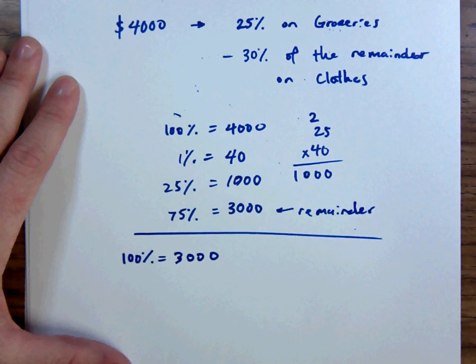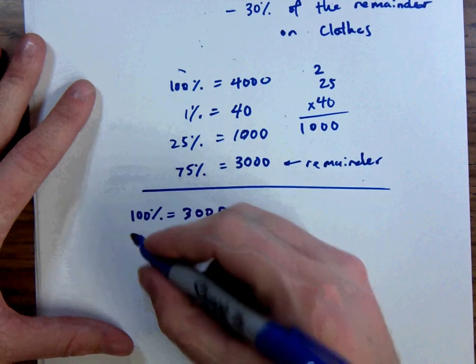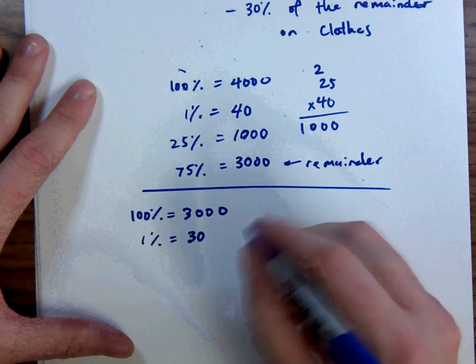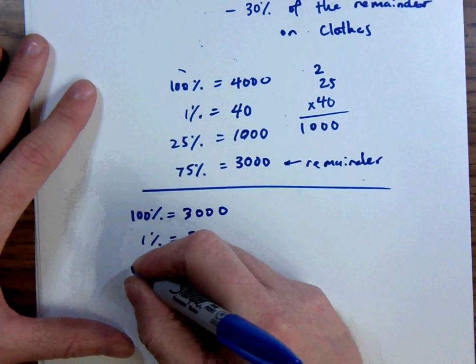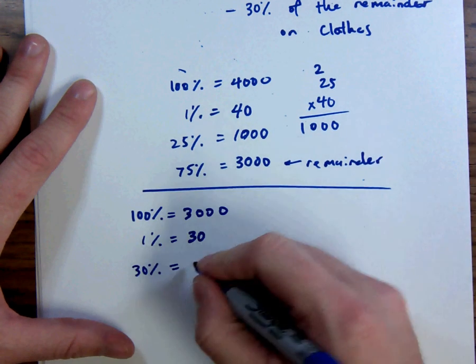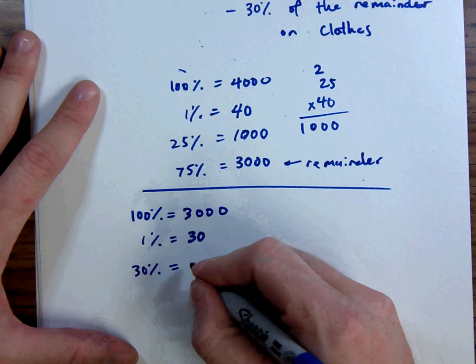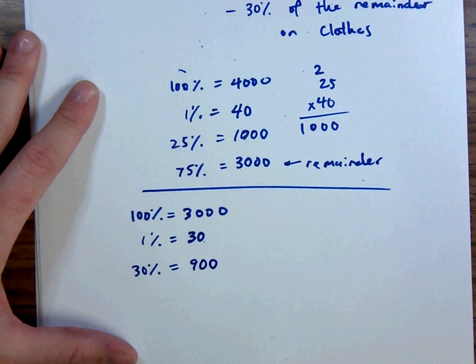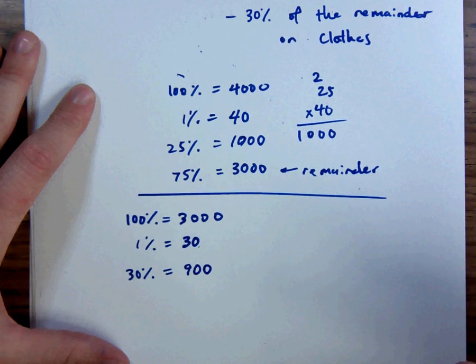So I'm going to call that my new 100. 1% is 30. And I want to know what 30% of this is, so I'll say 30%. 30 times 30, well, 3 times 3 is 9. It's basically 9 with 2 zeros. So this is 900. So I've spent $900 on clothes.